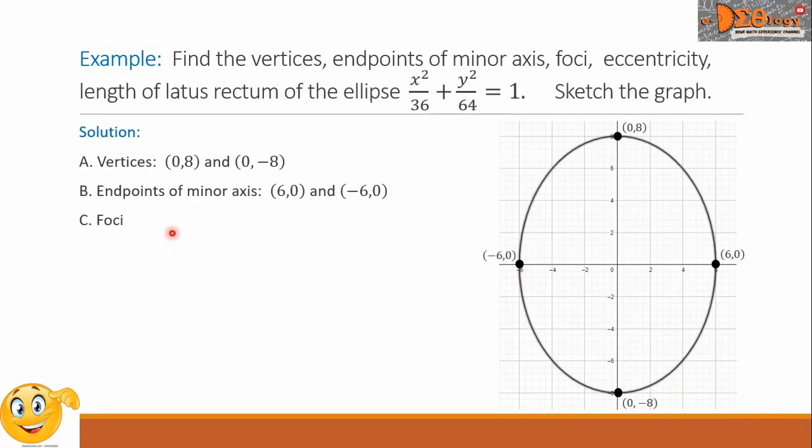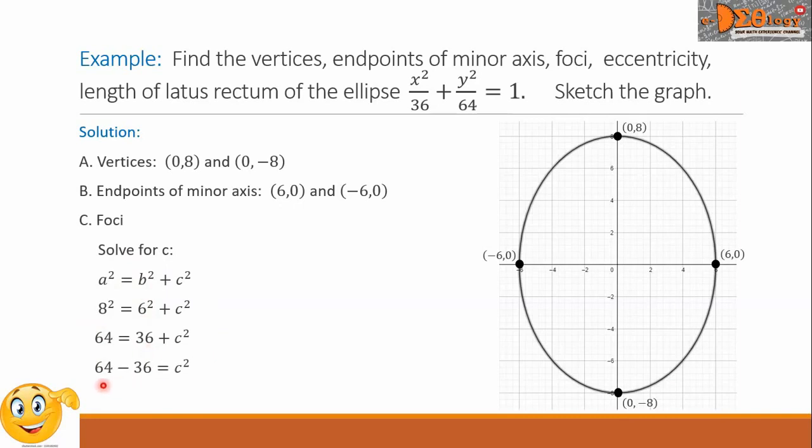Next are the foci. Let us solve for c using our Pythagorean relation a squared equals b squared plus c squared. Substituting the corresponding values, we have 8 squared for this a squared equals the b squared is now 6 squared plus c squared. Simplifying this, we have 64 equals 36 plus c squared. We transpose now the 36 to the left side.